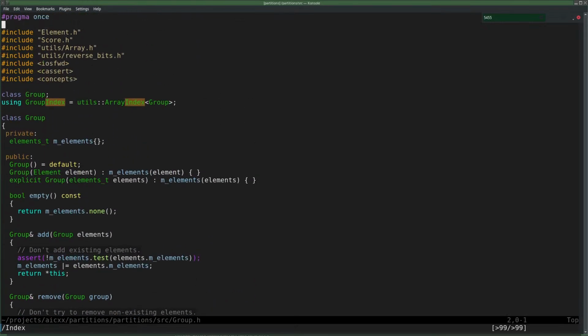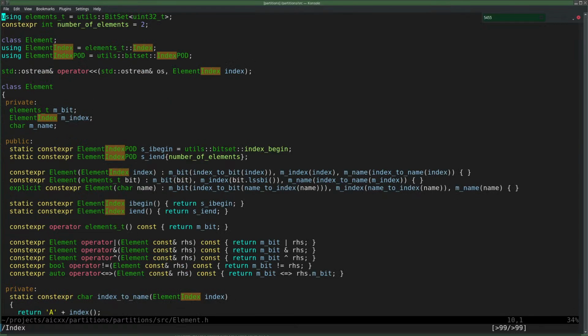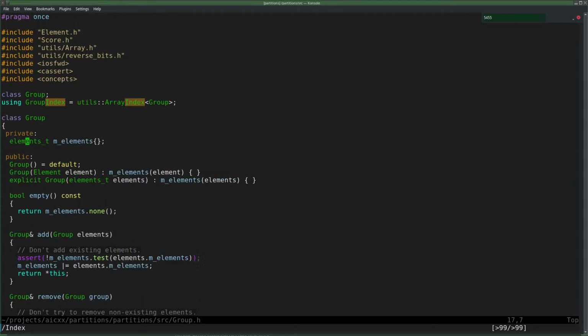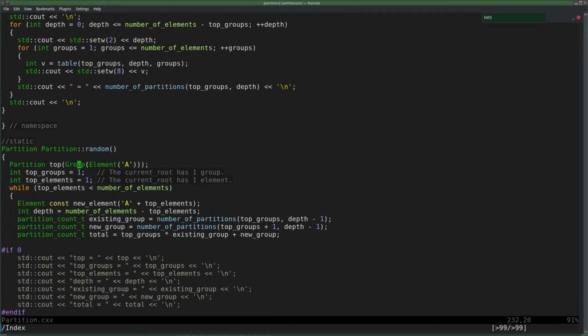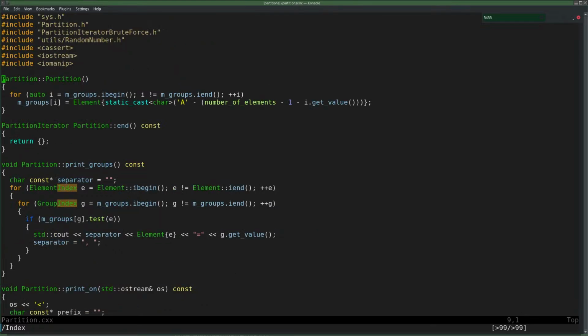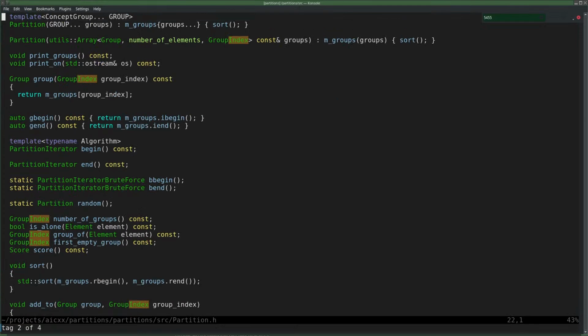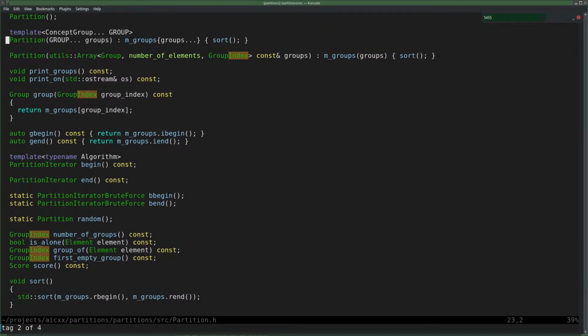Elements is again bit set. Yeah, well, that will work. Should work, really. Just I don't see an array. Let's put it that way. Partition is being constructed from a group then, and that would be this one.